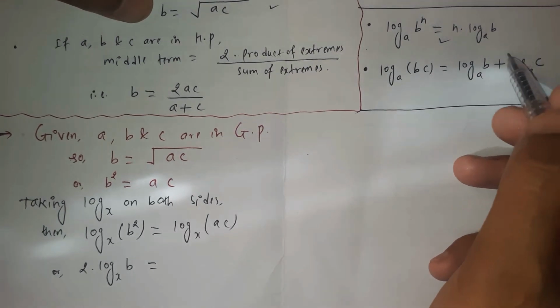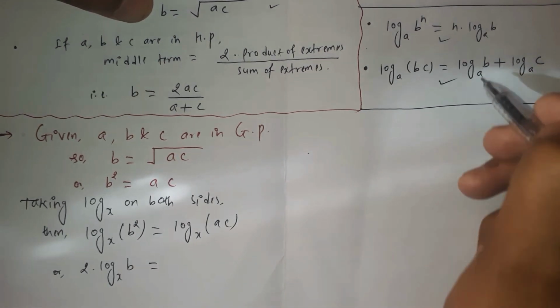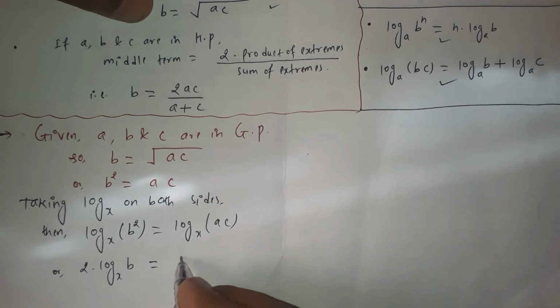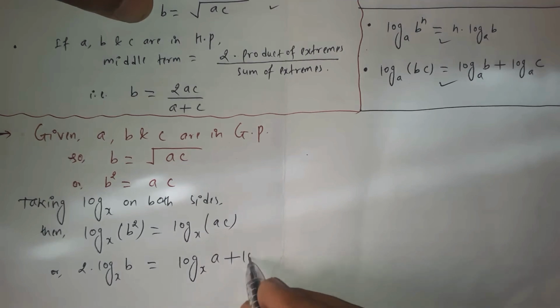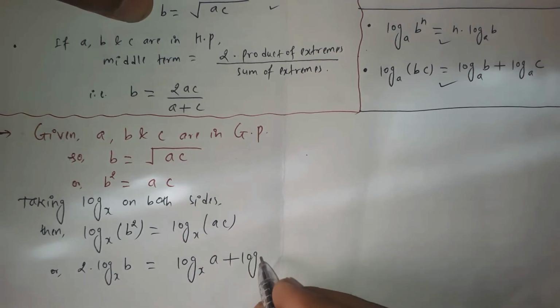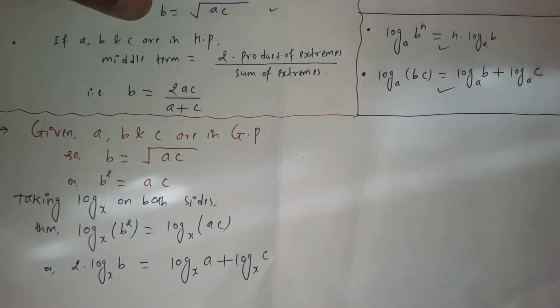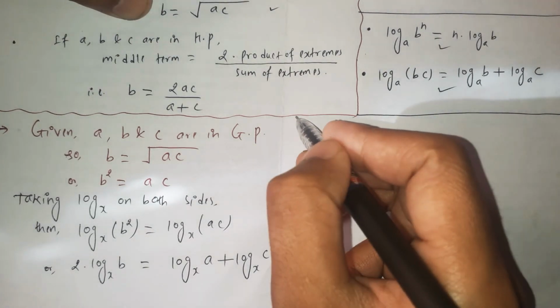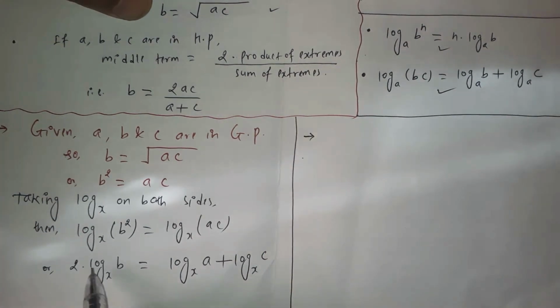Let me use this formula on the right hand side here. It is the same format, so we can apply this formula on the right hand side. So the expression will be log with base x of the first number a plus log with the same base x of the second number c. Here we just applied this formula on these equations. After this, we finally got the expressions in terms of the logarithm.